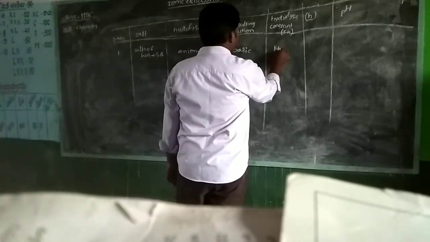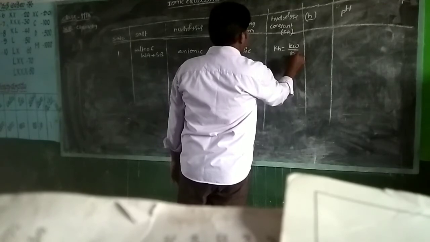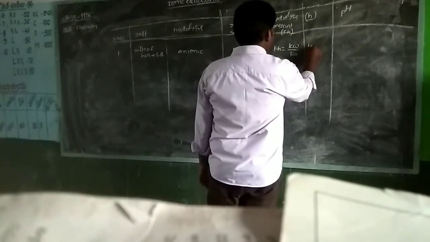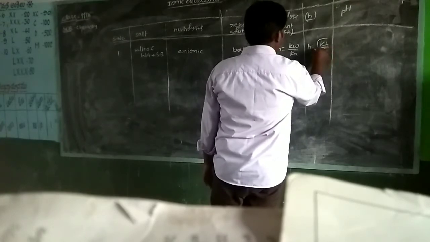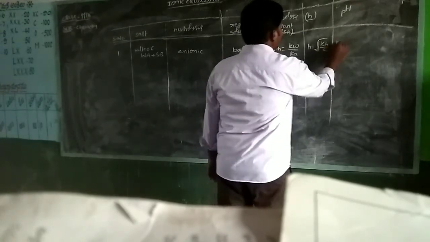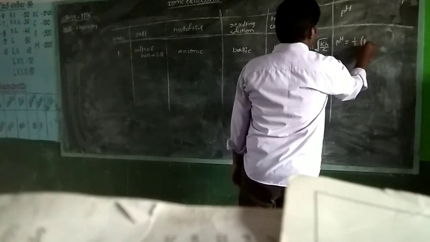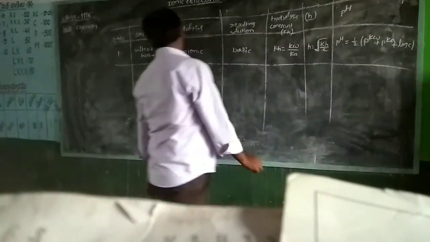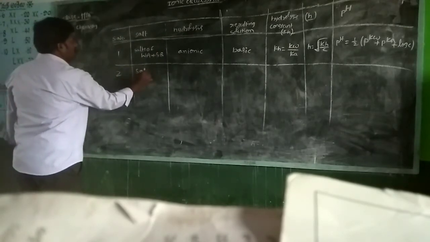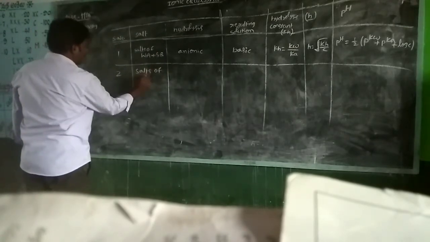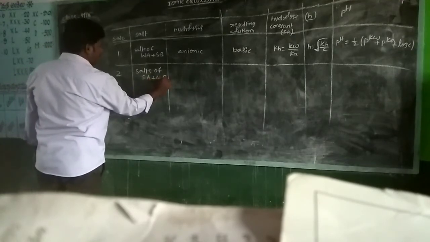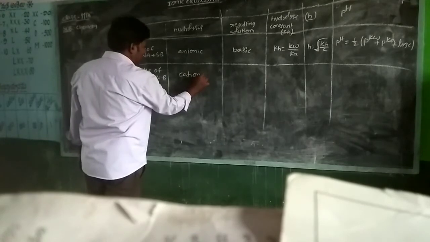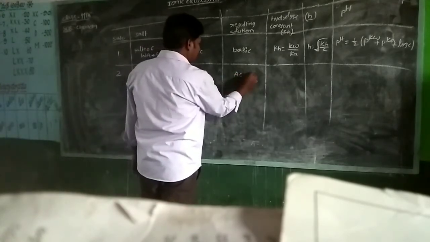For the weak acid and strong base salt, the hydrolysis constant Kh is equal to Kw by Ka, h is equal to root of Kh by C, and pH is equal to half of pKw plus pKa plus log C. The second one is the salt of a strong acid plus weak base, with cationic hydrolysis, and the resulting solution is acidic.